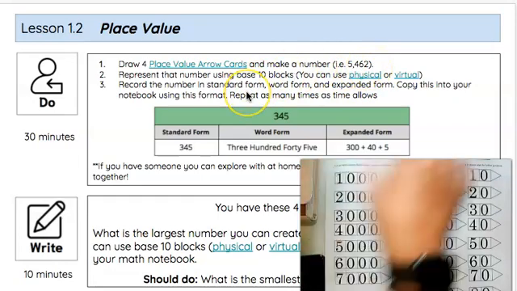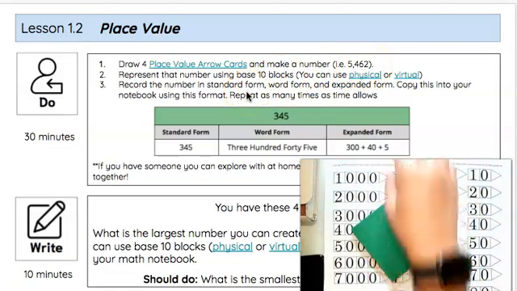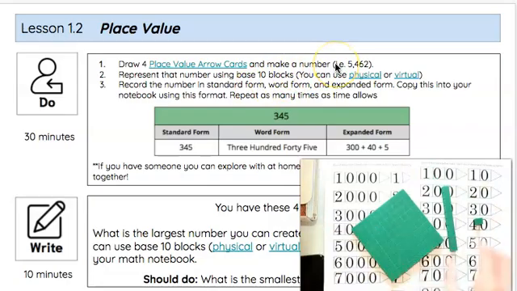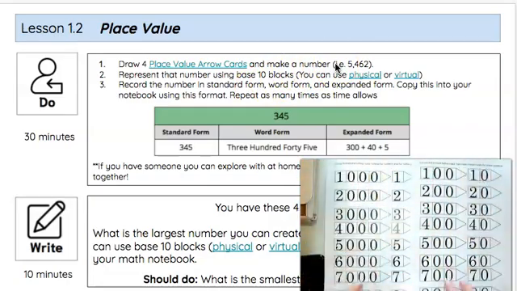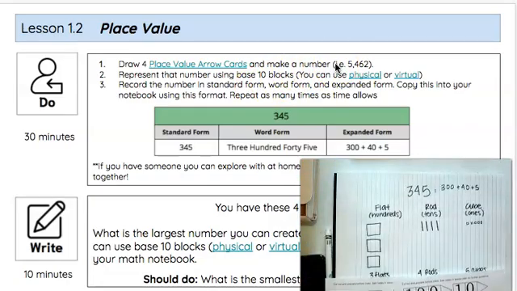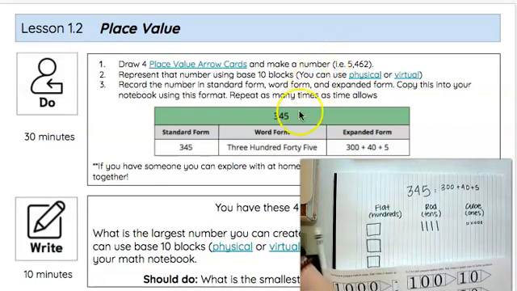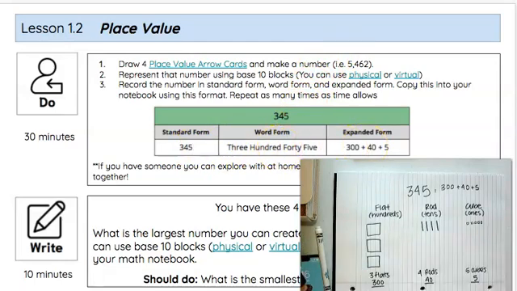You're going to use your base 10 blocks, and again, it's up to you which base 10 blocks you use to represent that number, very similar to what we did earlier here. Finally, you're going to record that number using standard form, word form, and expanded form. See how many numbers you can do in 30 minutes.